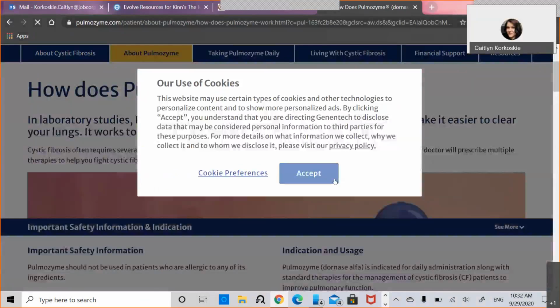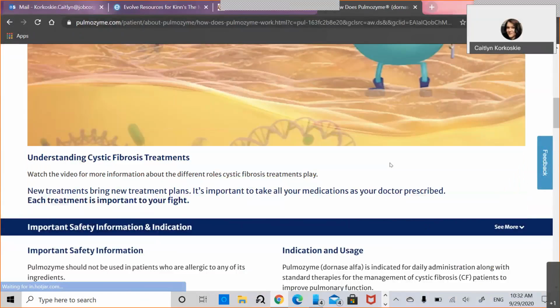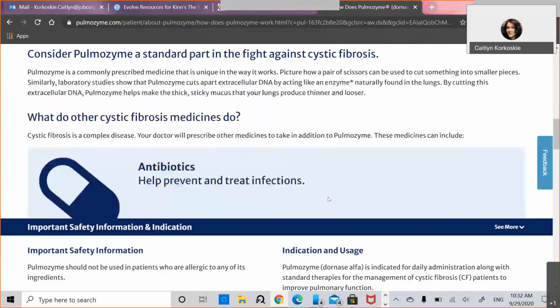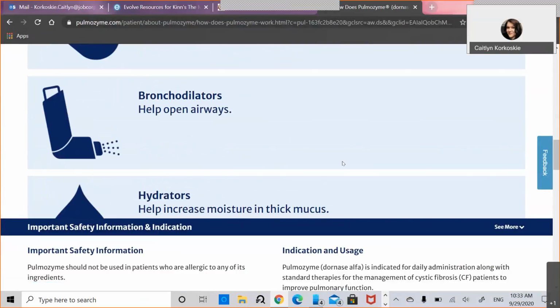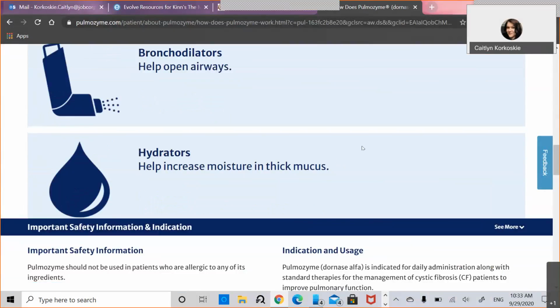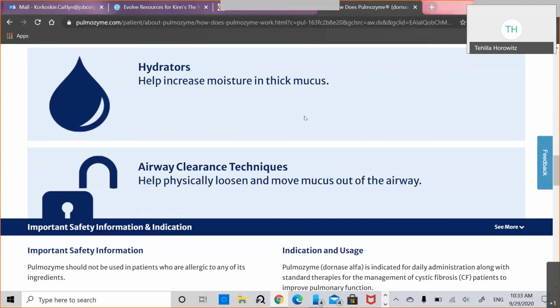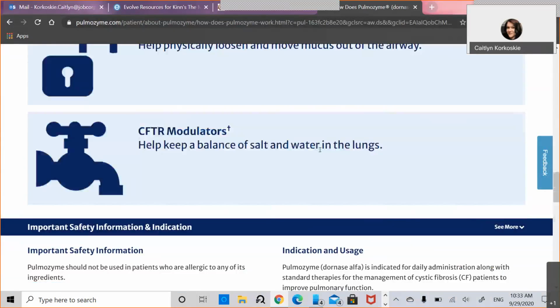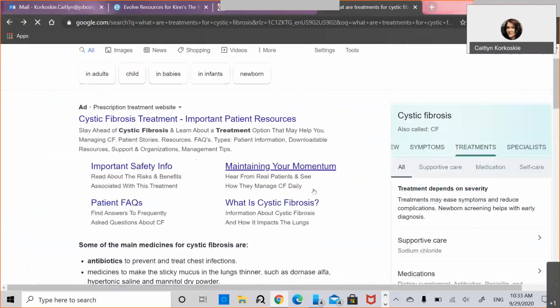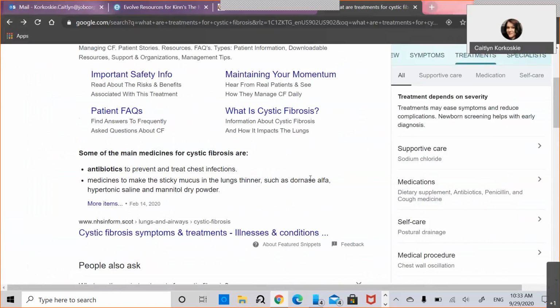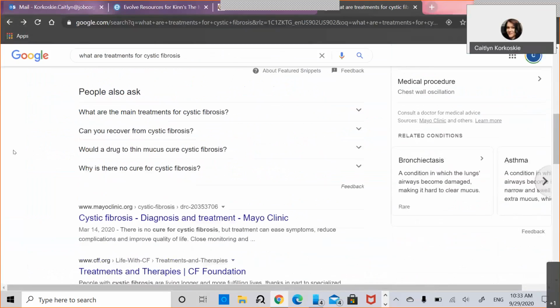Okay, so antibiotics, bronchodilators, which help open up the airway, and things that help moisten the mucus so it helps to get rid of it. I'm pretty sure sometimes going to a pulmonologist, where they may do certain breathing exercises, may help as well. But it's usually something that affects young children.